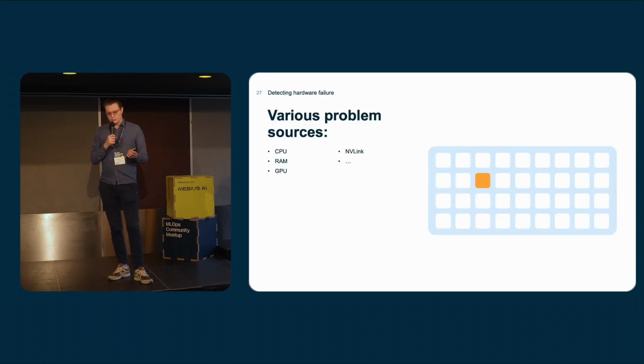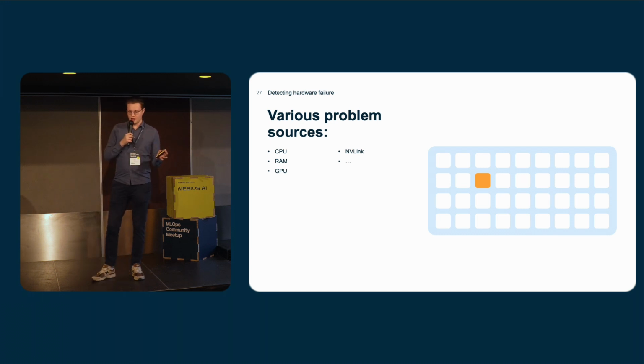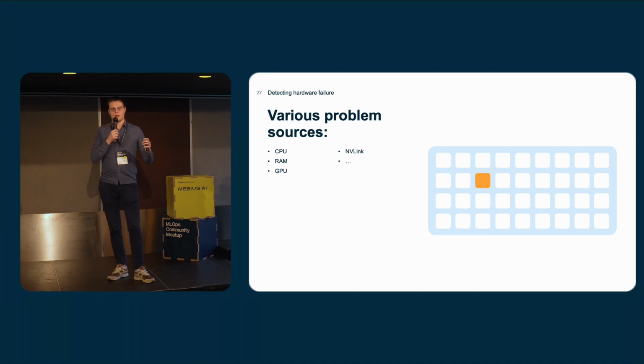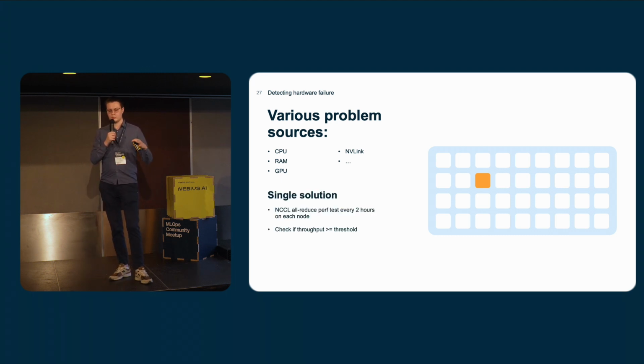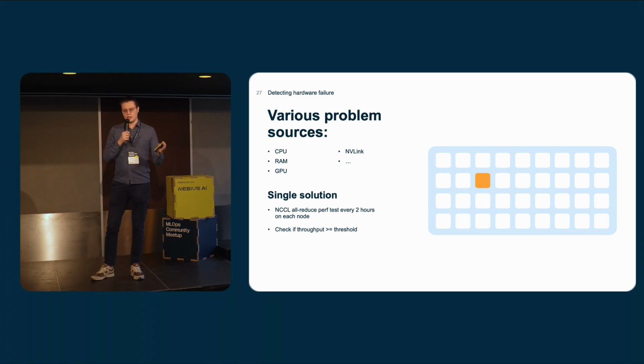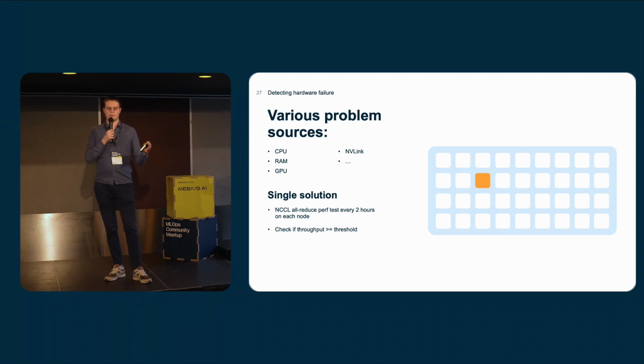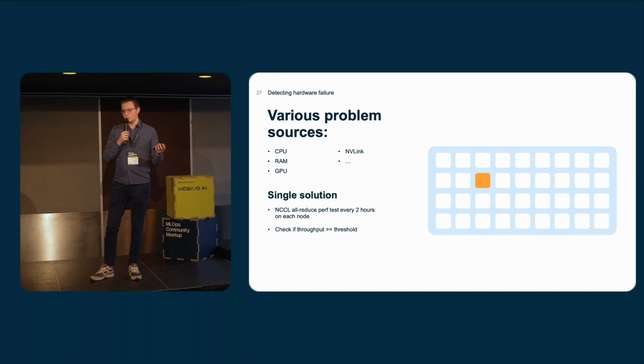And we have found quite a good solution for this: we conduct an hourly NCCL all-reduce performance test on each node and disable nodes whose reported performance is lower than a given threshold.